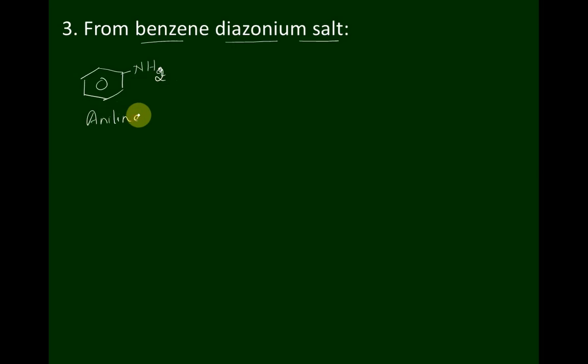When aniline is treated with sodium nitrite in presence of acid, and the reaction mixture is kept at 0 to 5 degrees Celsius, benzene diazonium chloride is obtained.